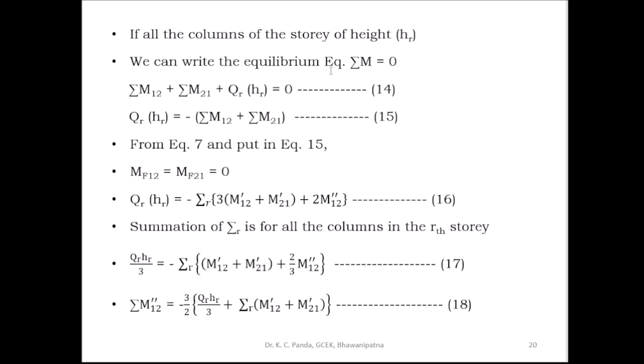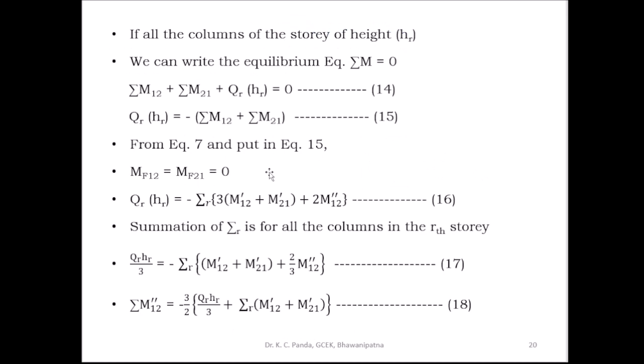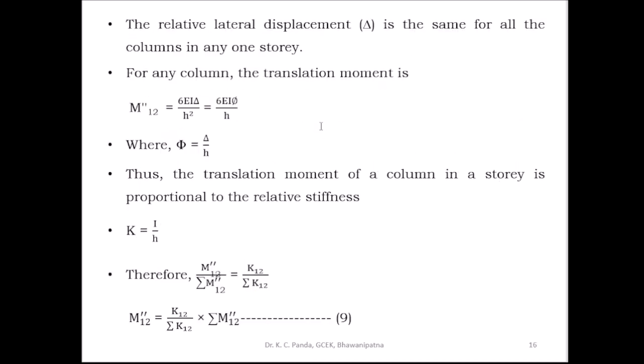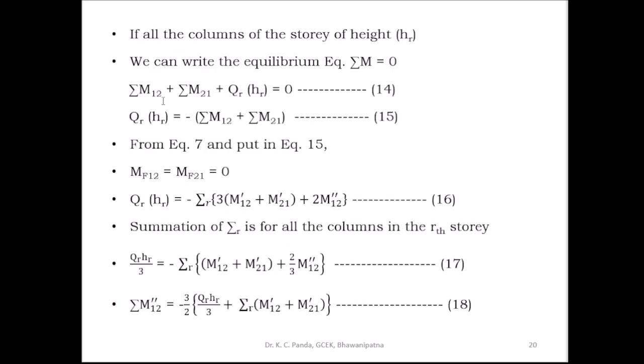As you know, the moment for these vertical members, that is summation of M12 plus summation of M21 plus QR HR is equal to 0. Already we got this expression here, M12 plus M21 plus H into H is equal to 0. So here, summation of M12 plus summation of M21 plus QR HR is equal to 0.